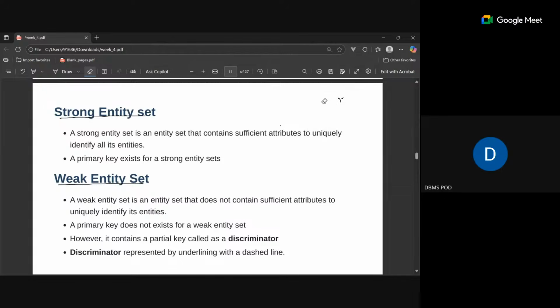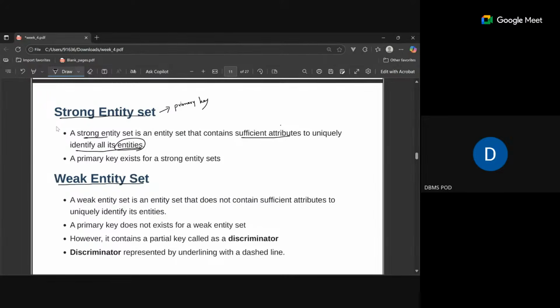Maybe in the upcoming slides it will be clearer. A strong entity set contains sufficient attributes to uniquely identify all its entities. You can simply remember that a strong entity set should have a primary key to uniquely identify each of the rows.